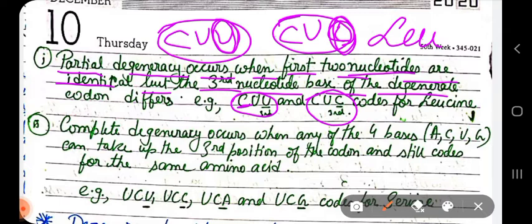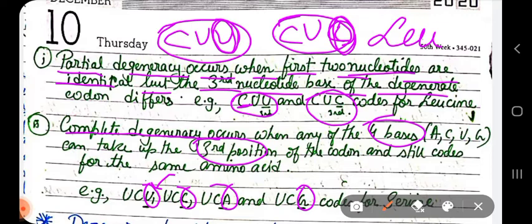And complete degeneracy occurs when any of the four bases can take up the third position of the codon and still code for the same amino acid. So complete degeneracy means any of the four bases takes up the third position to code for the same amino acid.